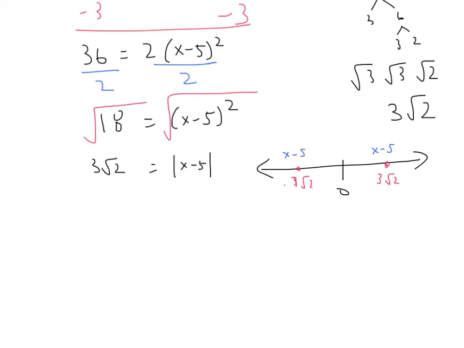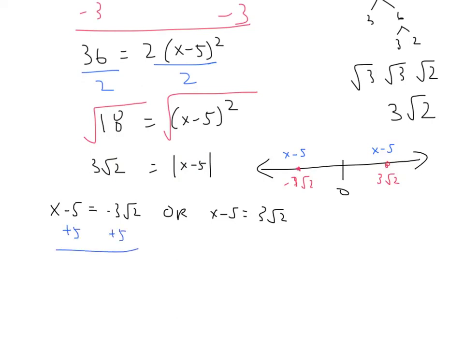So the compound equation we can write is this. x minus 5 is either equal to negative 3 radical 2, that's right here, or x minus 5 could be equal to positive 3 radical 2, which is right here. All right, so last step here, how do we solve for x? Well, I need to get the x by itself. I'm going to add 5 to both sides.